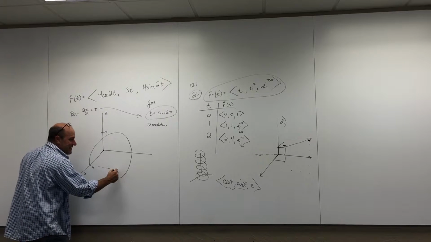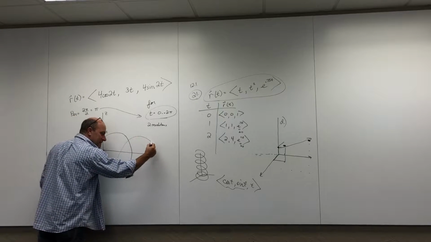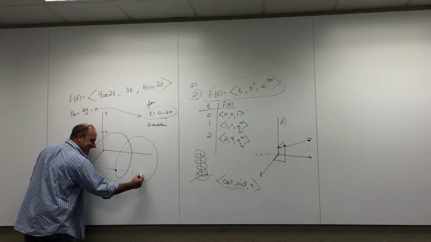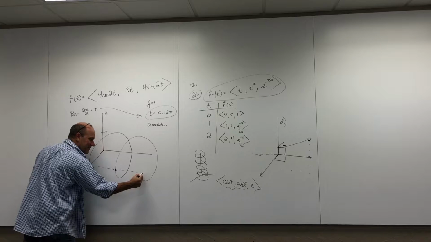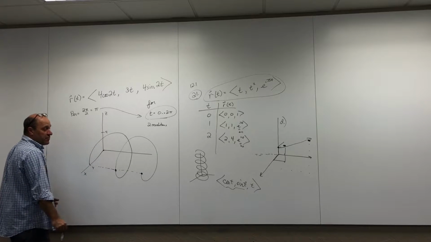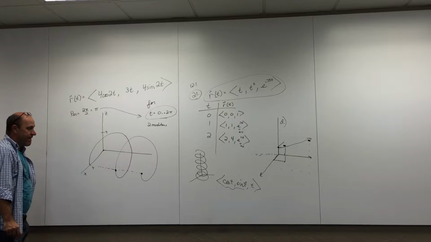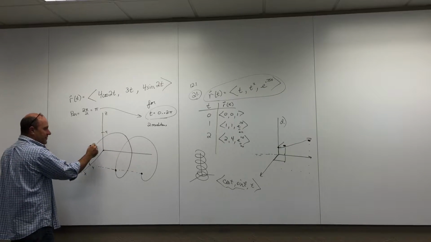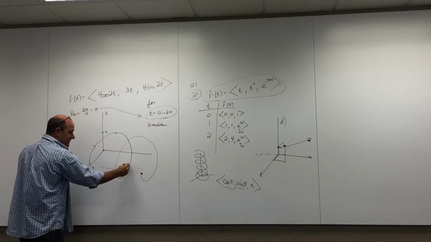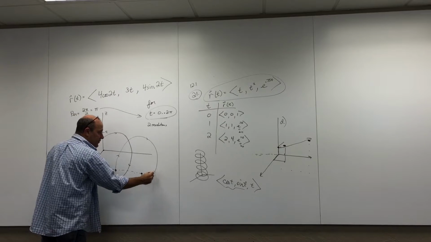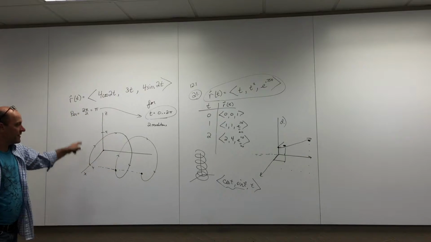Here it goes again, another revolution, and when I come back around I'm hitting this spot again. Now I just did 2 complete revolutions, and I got the radius of 4 labeled. This isn't the best looking picture, but it's not bad, actually. It's kind of tough to draw this stuff on a 2D blackboard.